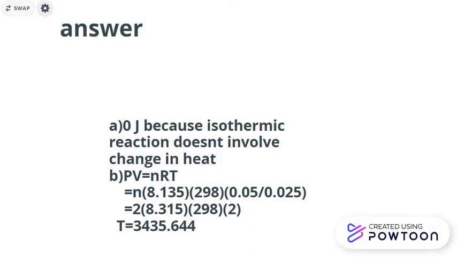When we move the equation from the left hand side to the right hand side, we get n times 8.315 times 298 times the bracket 0.05 divided by 0.025, which is equal to 2 times 8.315 times 298 times 2. Then the answer we get is 3435.644, or heat supplied is equal to 3035.644.